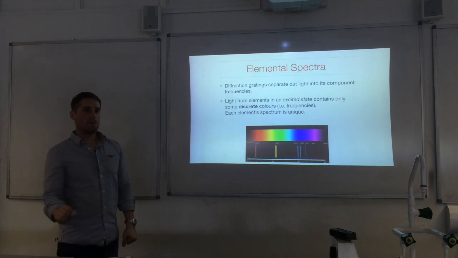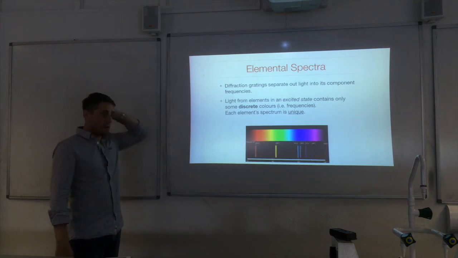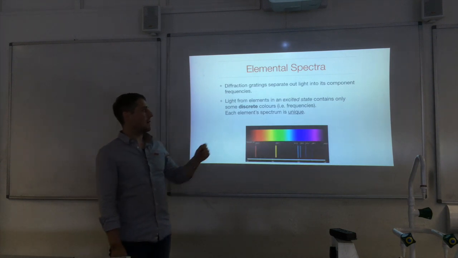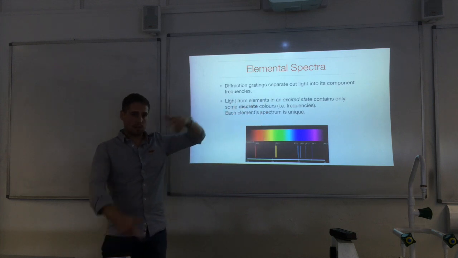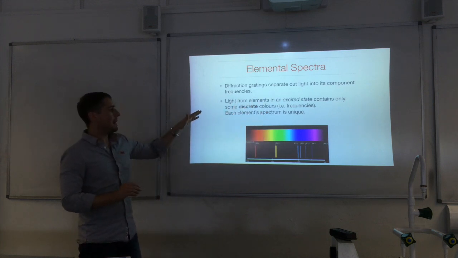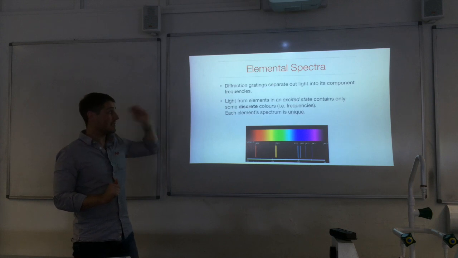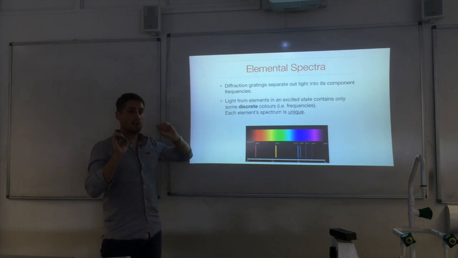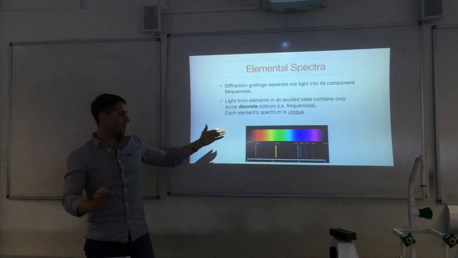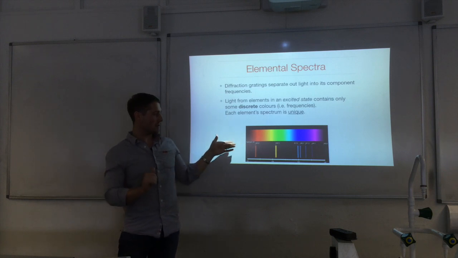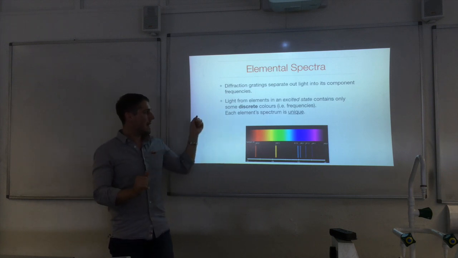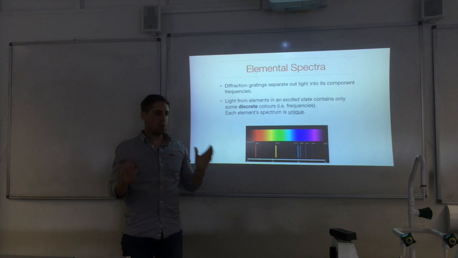If you take light from elements that are in an excited state, and I'll explain what that means a little bit, that light contains only discrete colours, so there's only certain wavelengths present, or certain frequencies present in that spectrum. And each element has a unique spectrum.